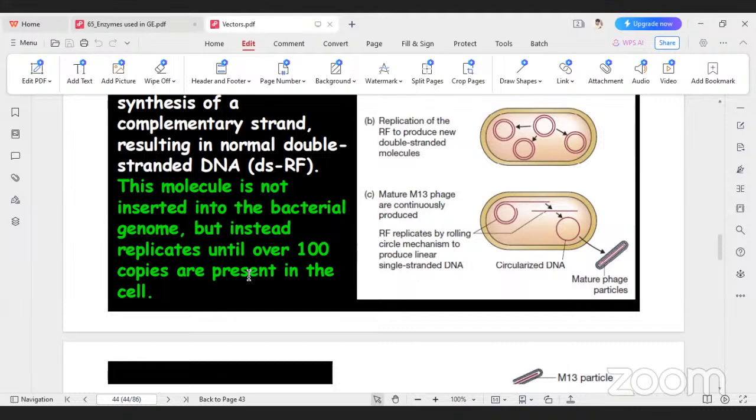Depending on the particular aim of the experiment, host range cosmids, shuttle cosmids or mammalian cosmids are available. The loading capacity of the cosmid varies depending on the size of the vector, but usually lies around 45 kilobase pairs.